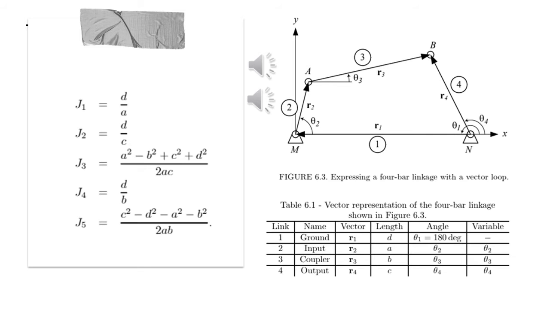We model a closed loop for a 4-bar linkage by a vector loop, and the direction of each vector is arbitrary. However, the angle of each vector should be measured with respect to the positive direction of the x-axis. The vector expression of the links is shown in the table, so we can understand more how the mechanism functions.